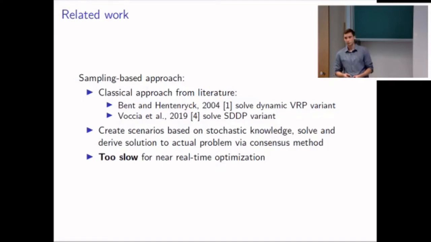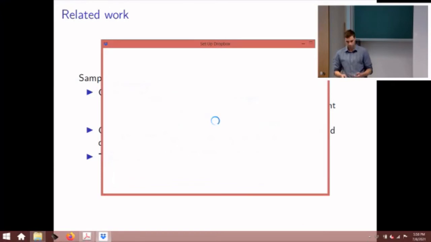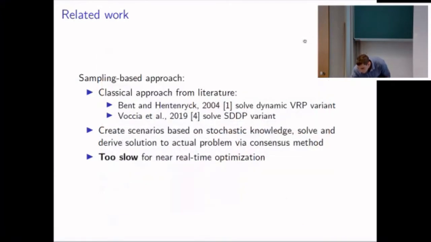The major problem with this is that for our near real-time dynamic optimization, this is too slow, since a lot of scenarios have to be solved to make meaningful predictions. And it's also more complicated since the samples have been added.